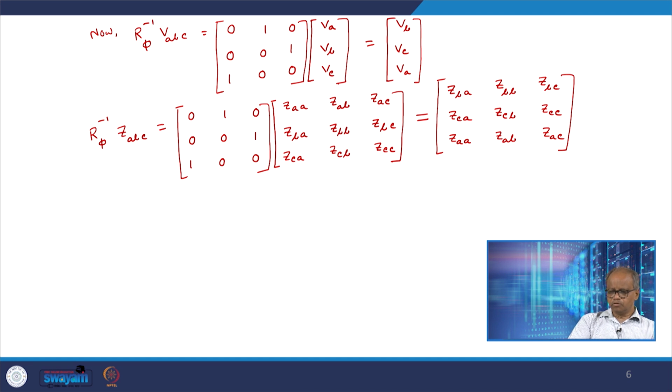So you see what is the effect of the pre-multiplication by R phi inverse? We are shifting the first row to the third position, the second row is going to the first position, and the third row is going to the second position.